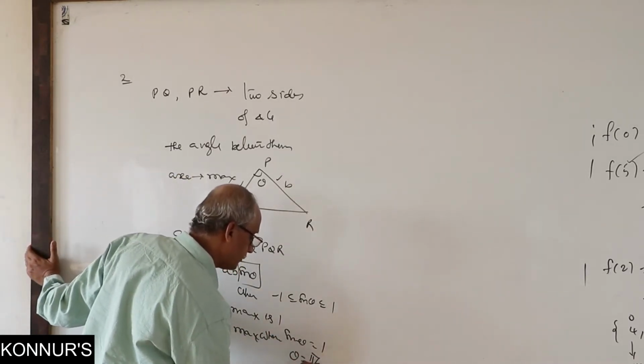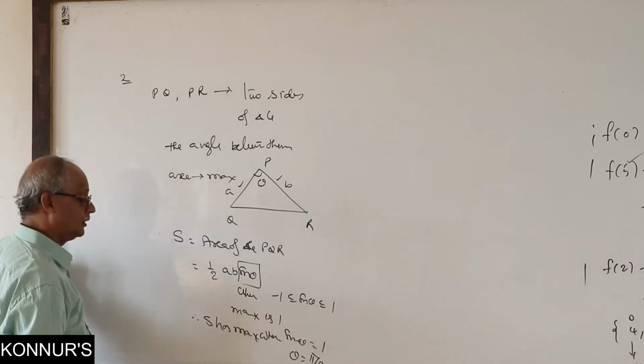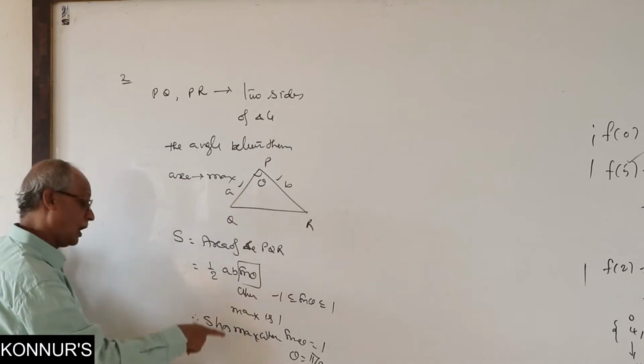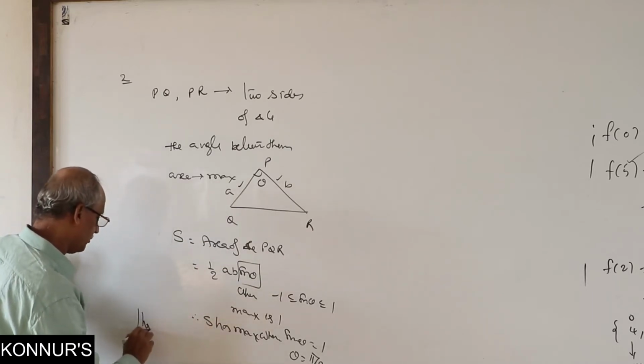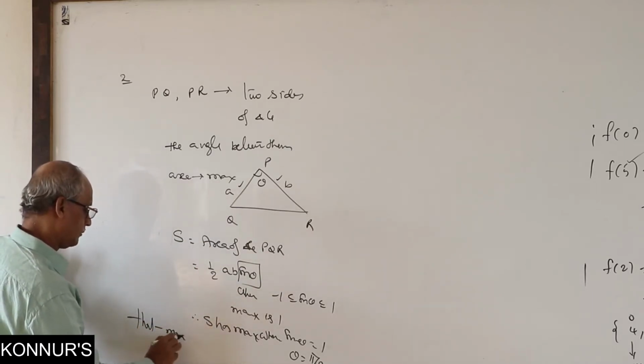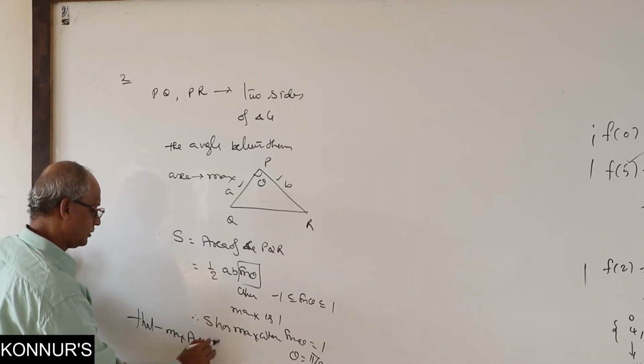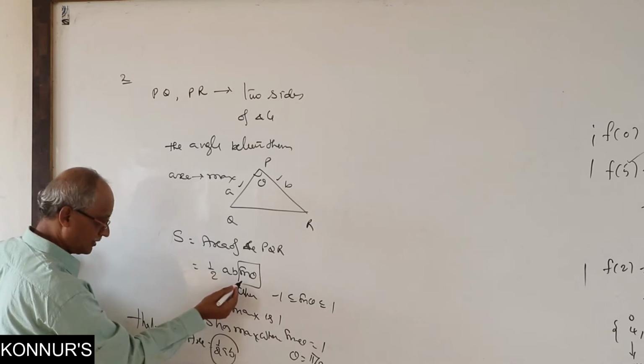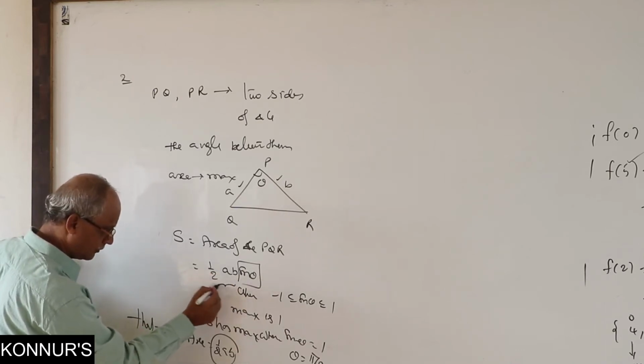Pi by 2. He is asking for the theta value. Sometimes they will ask how much the area is. Also we write that the maximum area is half AB. When sin theta is 1, this is the only answer.